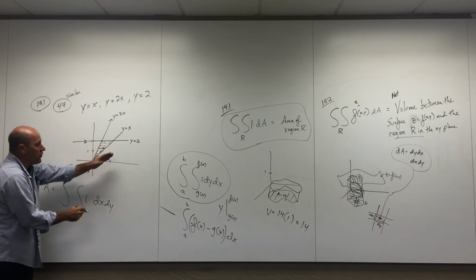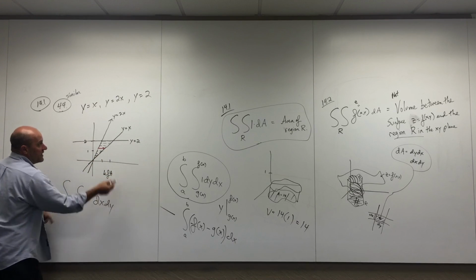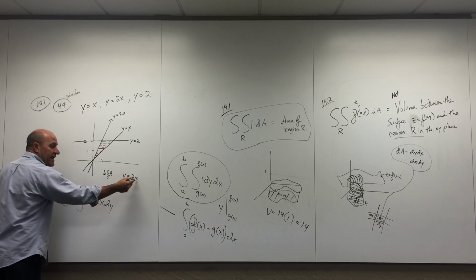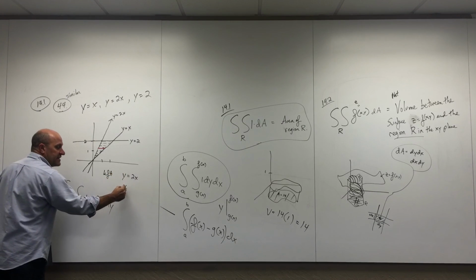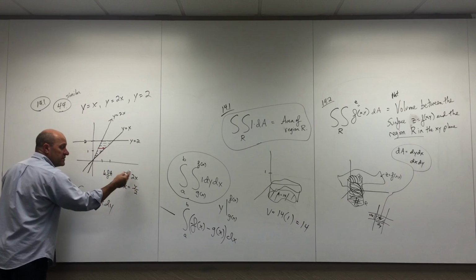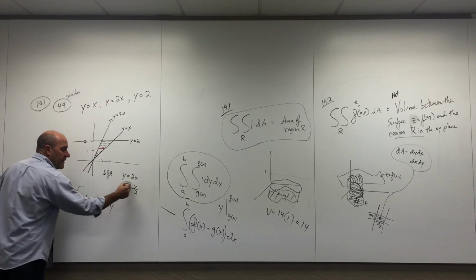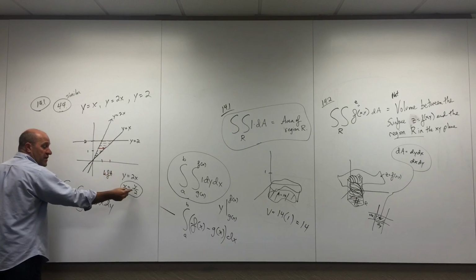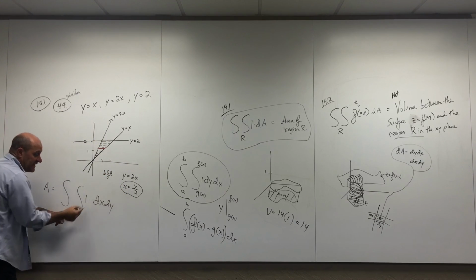So, left to right. I think the left curve is this curve called y equals 2x. But I need to solve for x in terms of y. X equals y over 2. Sorry, I flip-flopped it there. That's the name of that line on the left. That's this line with its new name. And that's the left x.